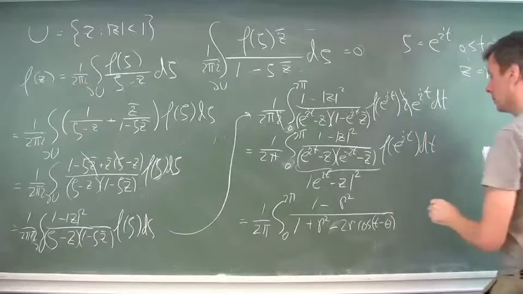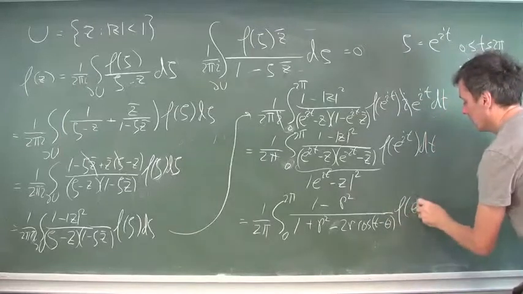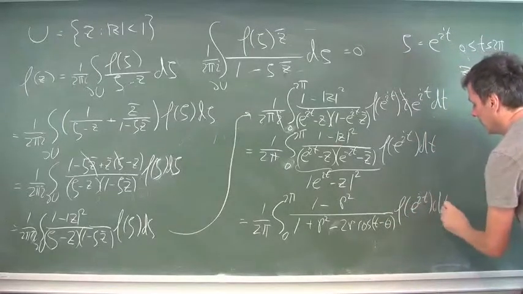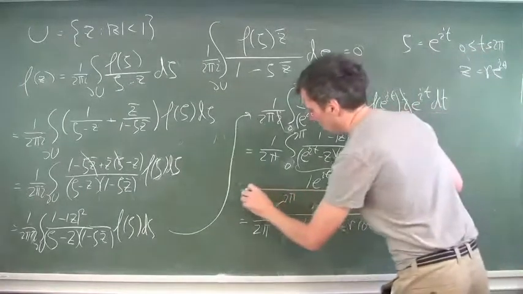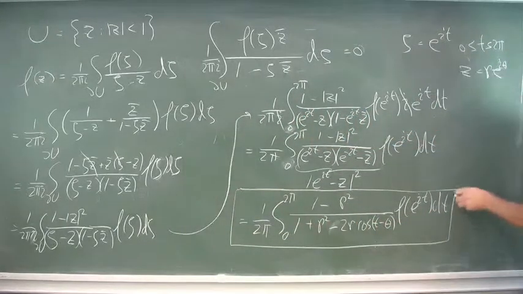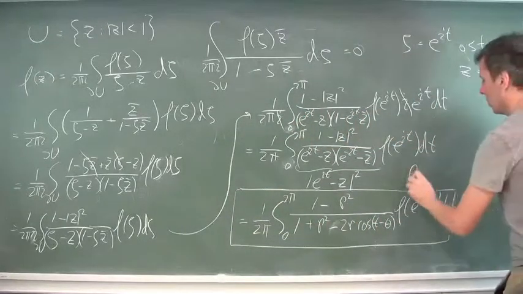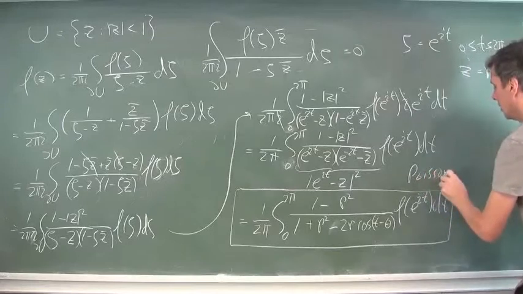And then you have this function f on the boundary. So what we have here now can be called the Poisson formula.